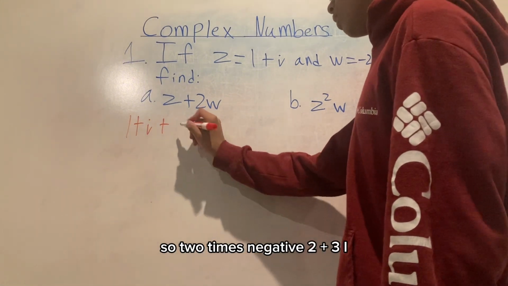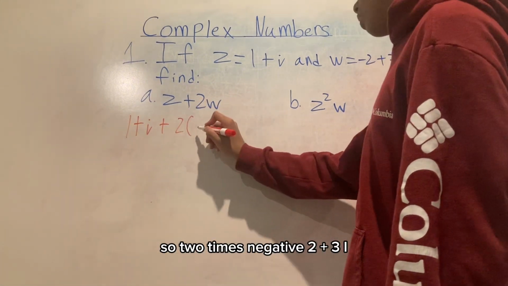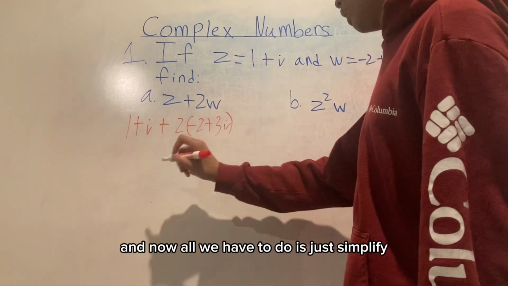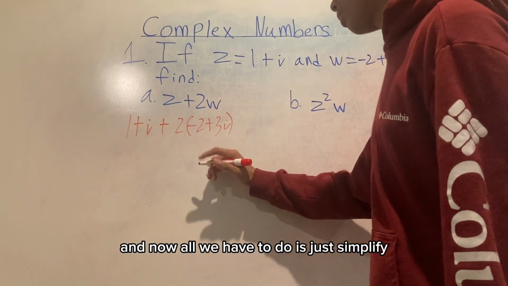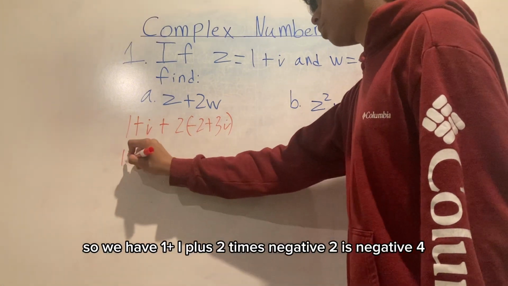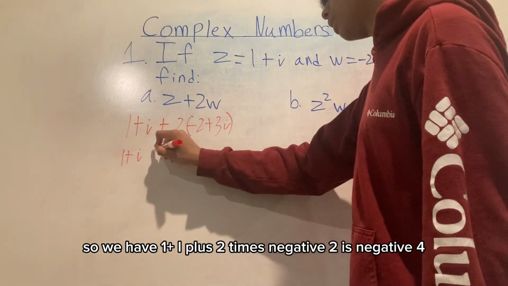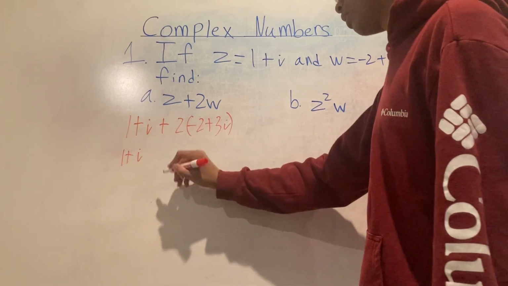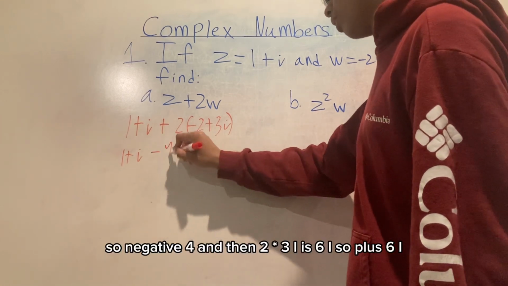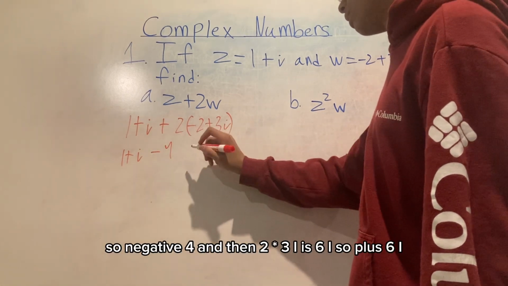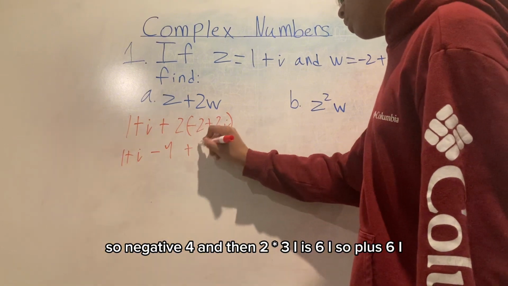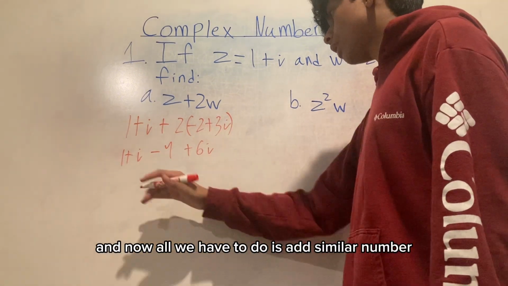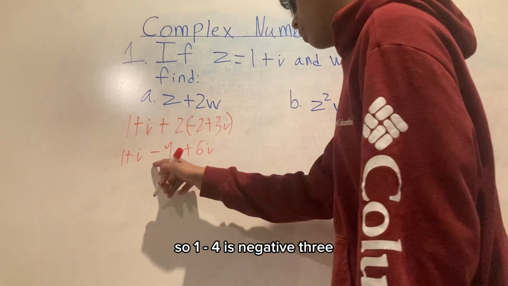So 2 times -2 plus 3i. And now all we have to do is just simplify. So we have 1 plus i plus 2 times -2 is -4. So -4. And then 2 times 3i is 6i. So plus 6i.